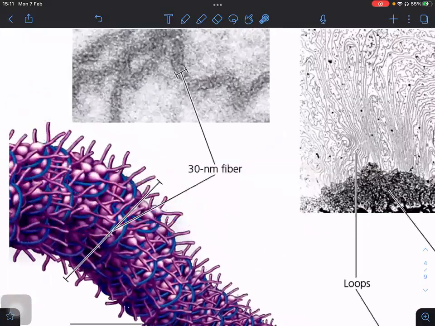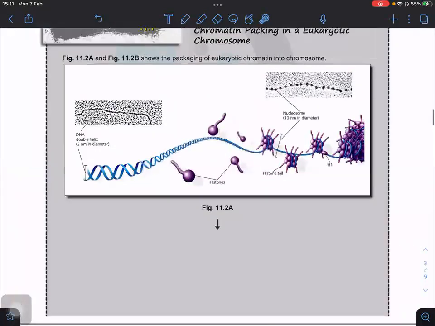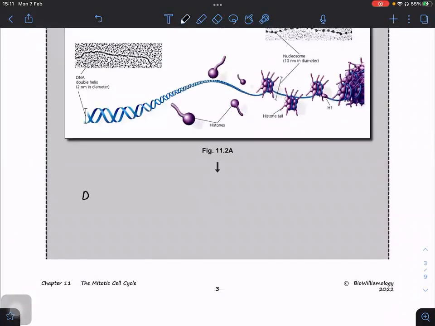If you look at this part, sorry, this part we call DNA, and here we call the chromatin. Are you clear? So what's chromatin? DNA plus histone protein forms the chromatin.